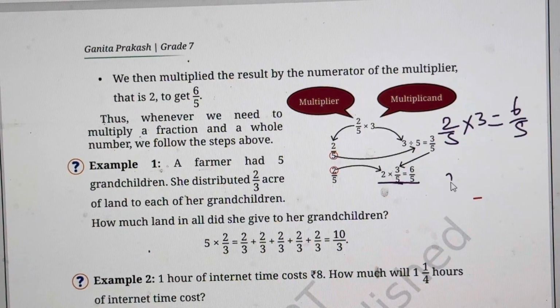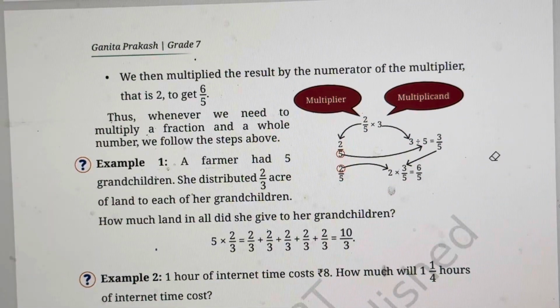Or if it is done as 2 into 3 upon 5, again 2 3s are 6 upon 5. So in both cases the answer will remain the same. What is important is that you should be able to identify that it is multiplication. Then you simply multiply numerator with numerator and denominator with denominator.